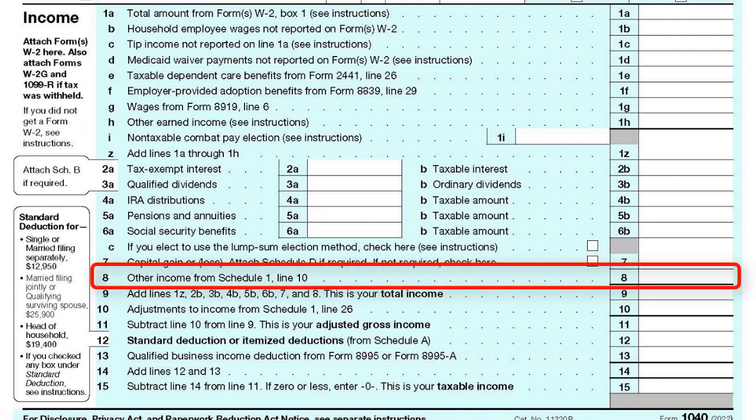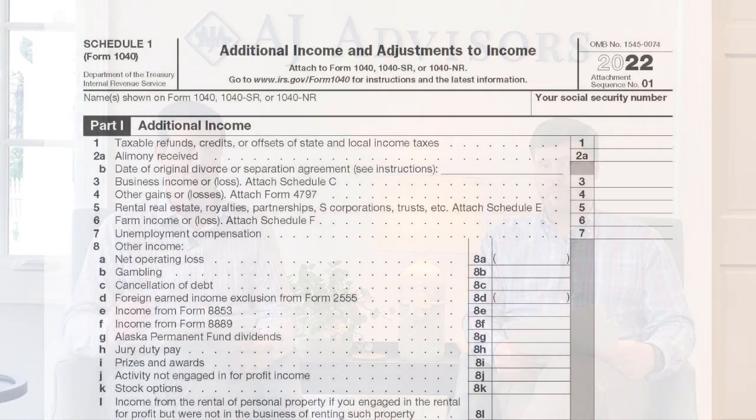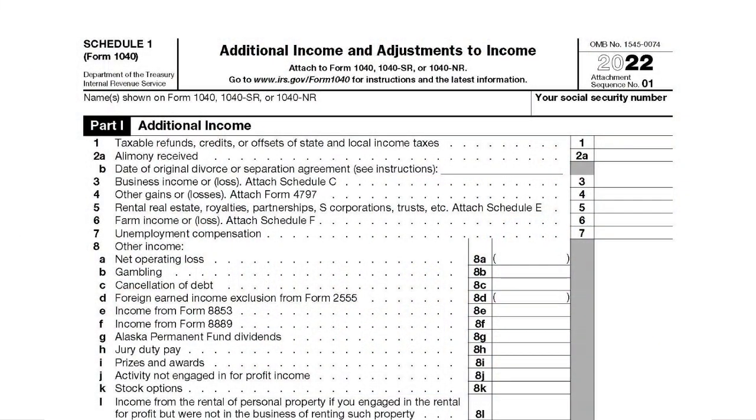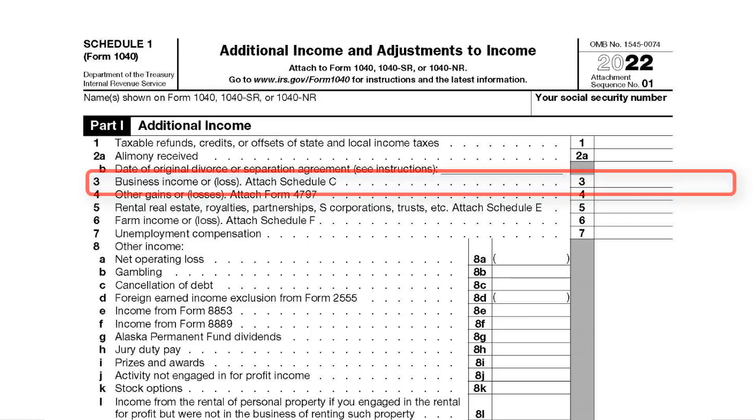Line 8 is also known as the Schedule 1. This is kind of a catch-all. So the Schedule 1 flows over to line 8, but this can be all the other income streams that don't fit on the first page of the 1040. So usually, if you're self-employed, it'll report your net self-employed income, which will then come over to line 8.